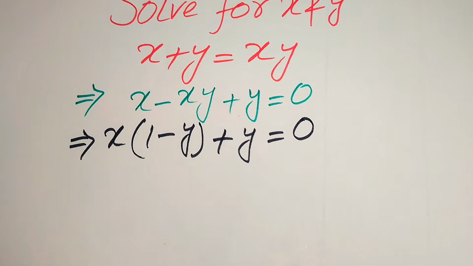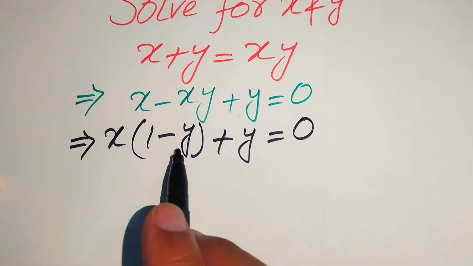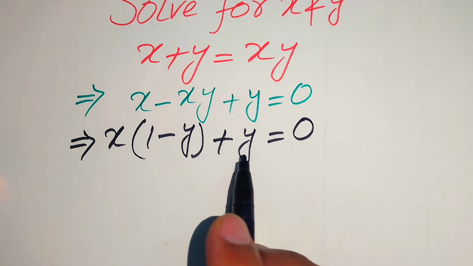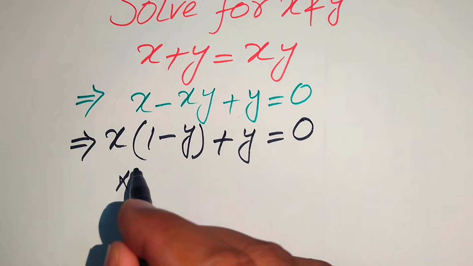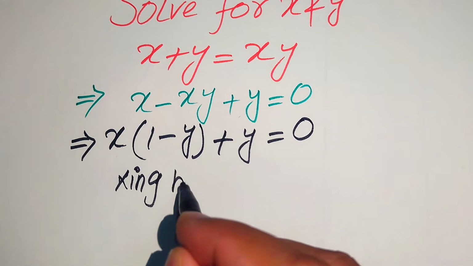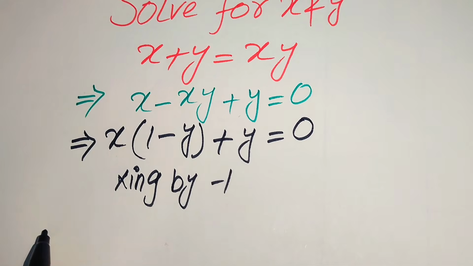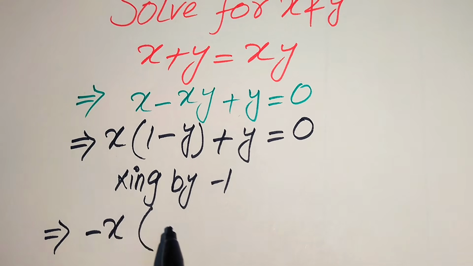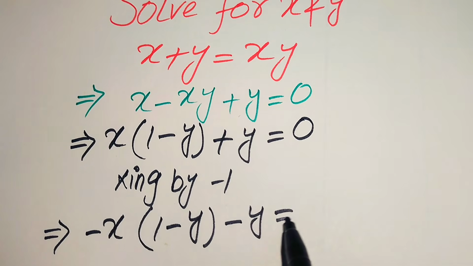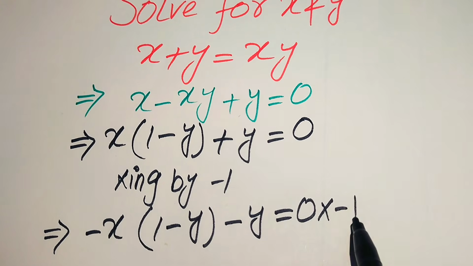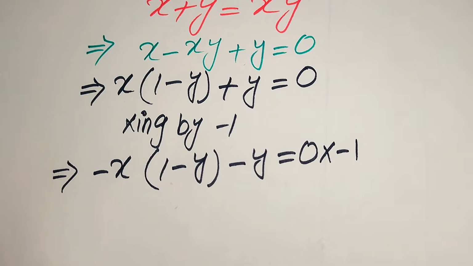In the next step we need more simplifications. You see that here we have negative y, but here we have positive y. In order to make this y negative, we multiply both sides by minus 1 on each of these terms. When we multiply by minus 1, it becomes minus x into 1 minus y is equal to 0 multiplied by minus 1.